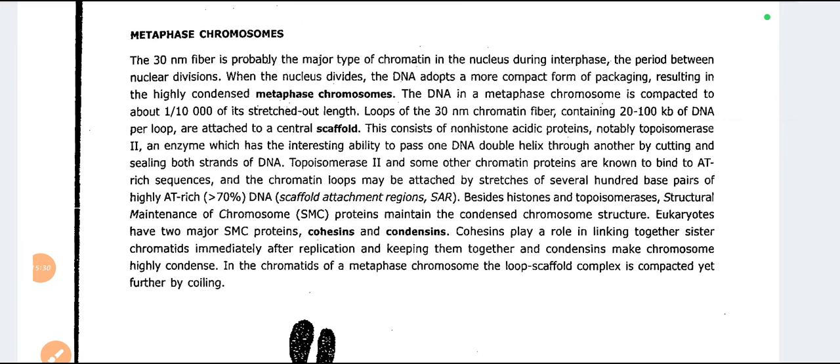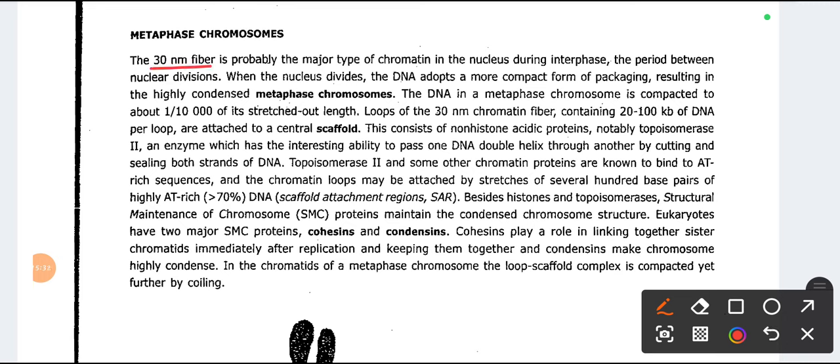Once the 30 nanometer fiber is formed, which is the major type of chromatin in the nucleus during interphase, what happens when the nucleus divides? A more compact form of packaging is formed, highly condensed, as seen in the metaphase chromosome, which is 1 by 10,000 of its stretched out length.